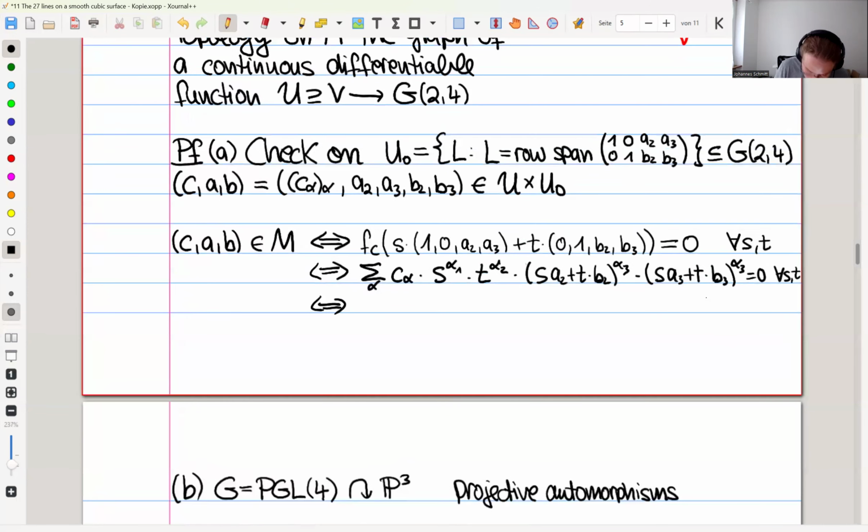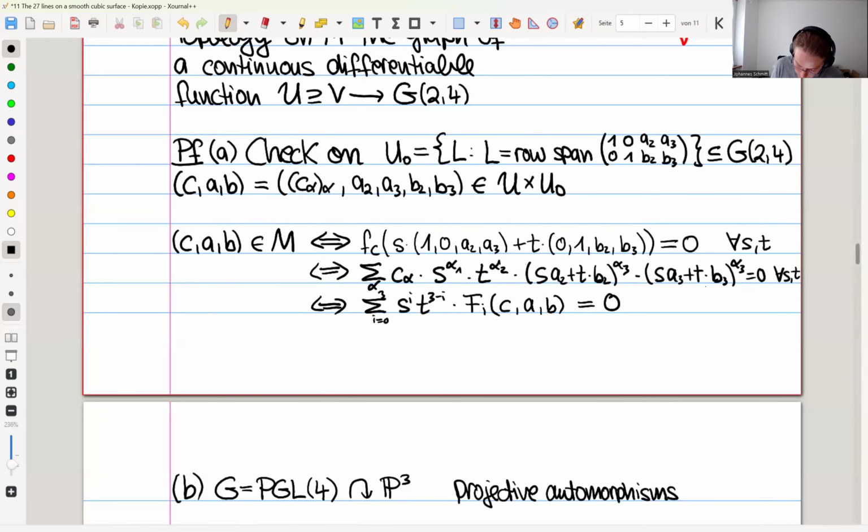So we can spell this out as a sum from i equals 0 to 3 of S to the i, T to the 3 minus i, because the sum of these alphas is 3, and so this is homogeneous of degree 3 in S and T. And then we get some coefficient. We just collect everything that is associated to this monomial, and this will depend on the C alphas, and on the A's and the B's.